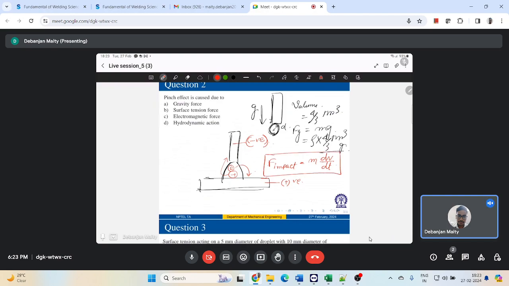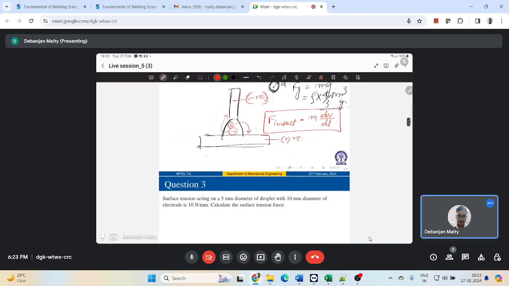What is m? m is my mass of the charged particle, and dv/dt is the velocity gradient over time, the acceleration. So we talked about the force due to the impact of those charged carriers.